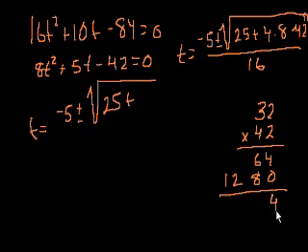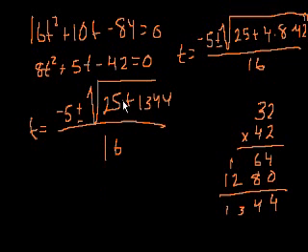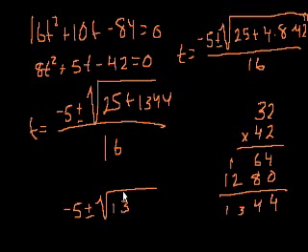So this is 1344, and we're going to add this 25 here. Plus 1344, all of that over 16. 1344 plus 25 is 1369, so it's minus 5 plus or minus the square root of 1369, over 16. And I don't know what the square root of 1369 is.